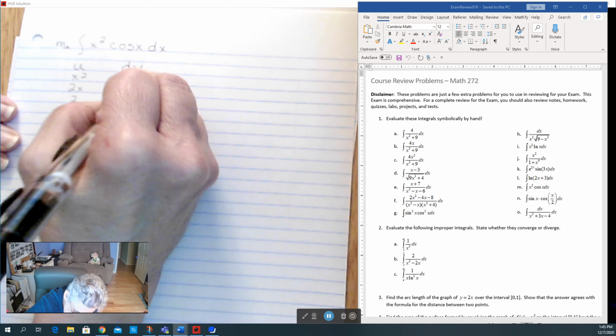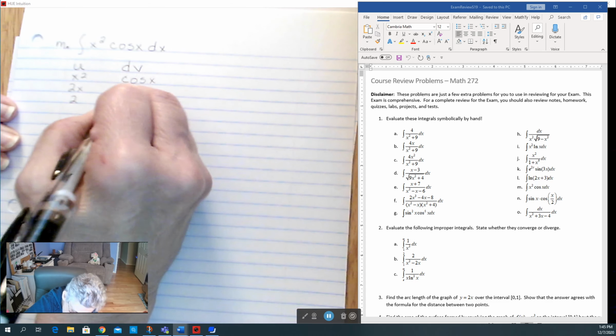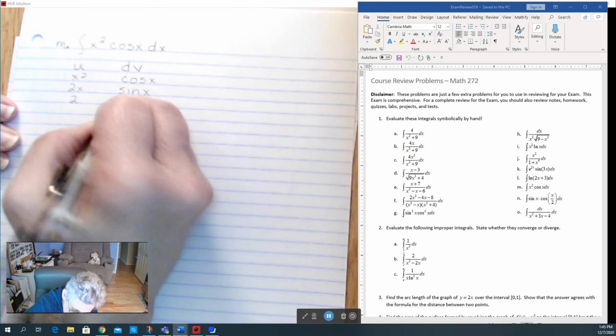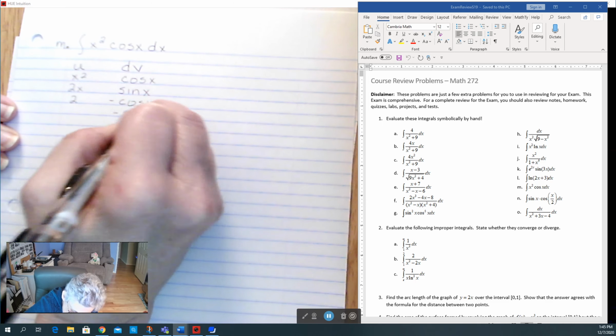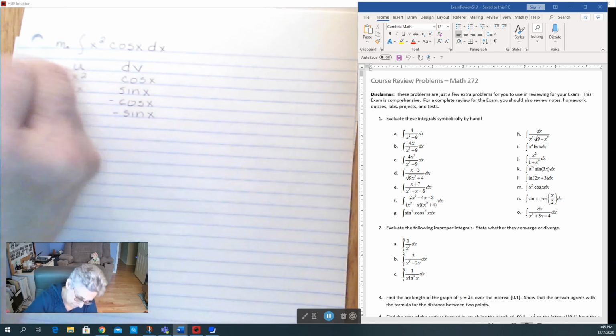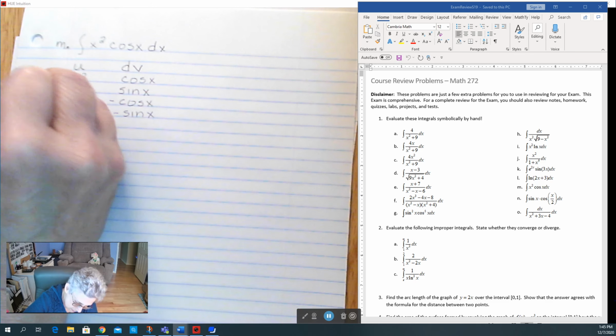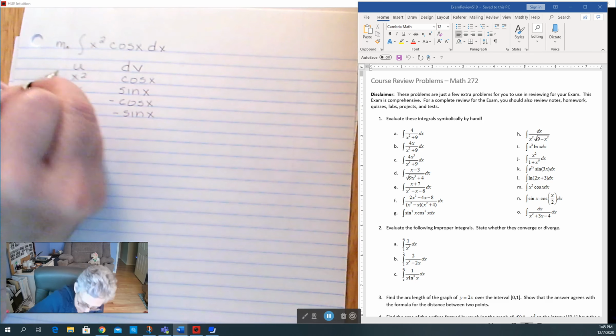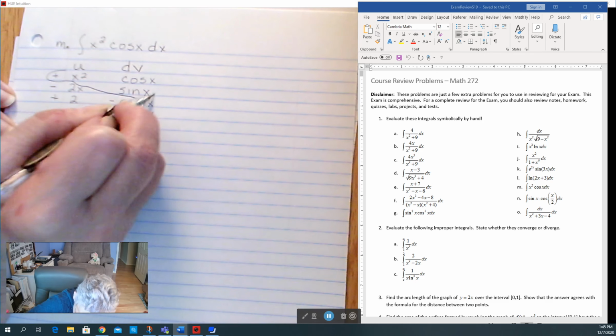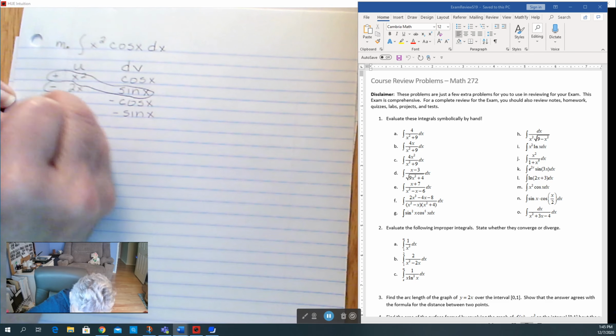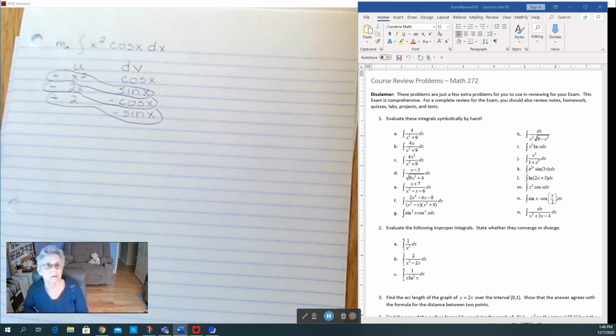Integral of that is sine. Integral of that is negative cosine. Integral of that is negative sine. Plus, minus, plus. That one goes with that one. That one goes with that one. That one goes with that one.